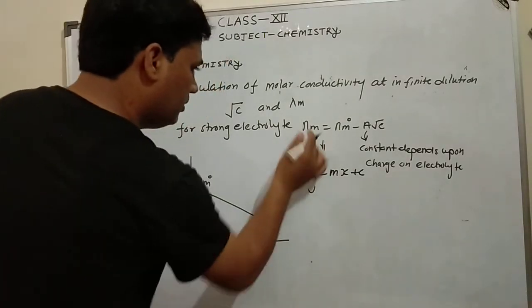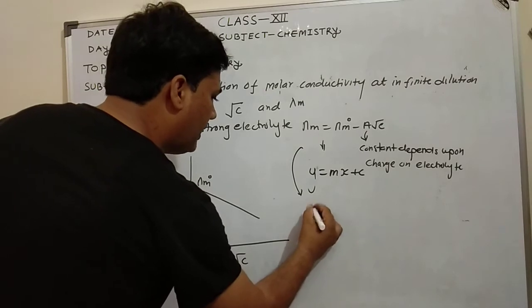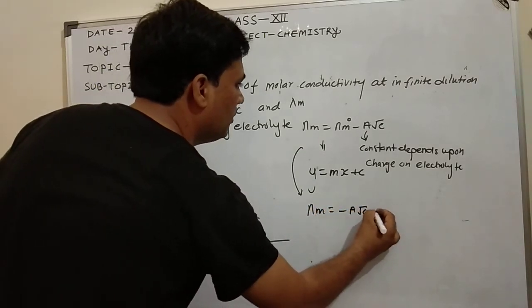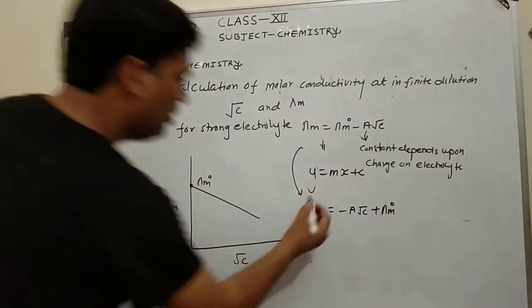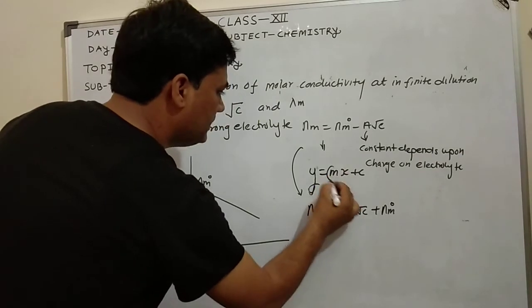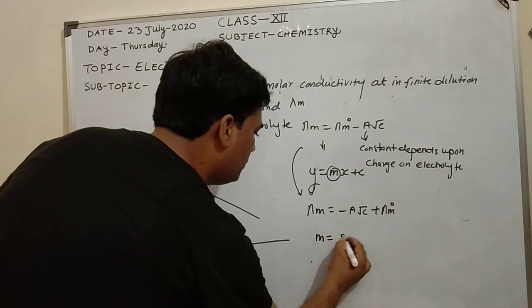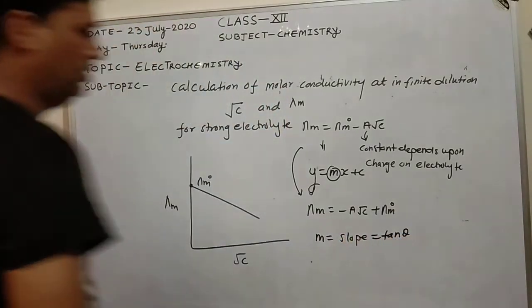So we can write the equation this way: lambda m is equal to minus A root c plus lambda m naught. So y is equal to mx plus c, where m is the slope, which is equal to tan theta.